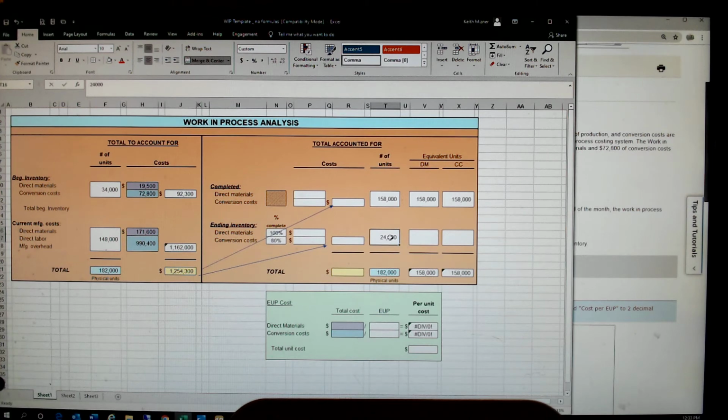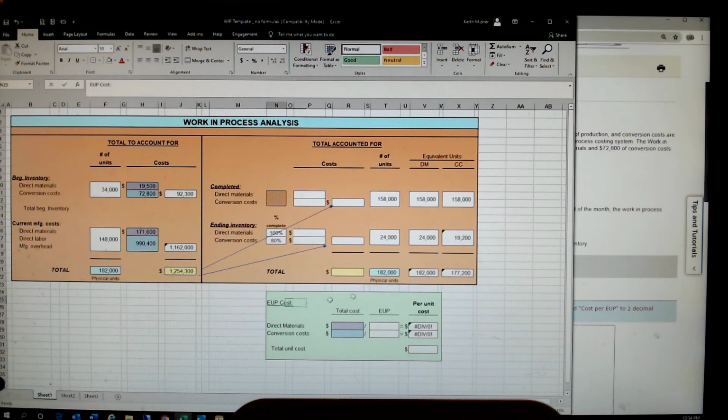These 24,000, they're done with regard to materials, so they represent 24,000. These 24,000, they're 80% complete, so they would be the equivalent of 24,000 times 80%, 19,200. So there's my total equivalent units of production with regard to materials and conversion costs.